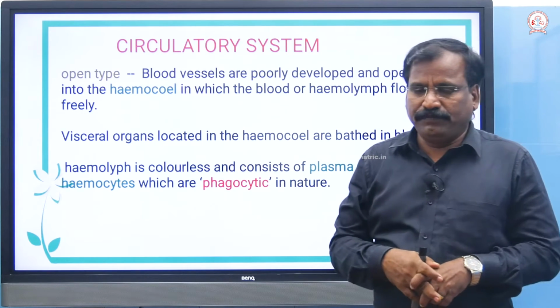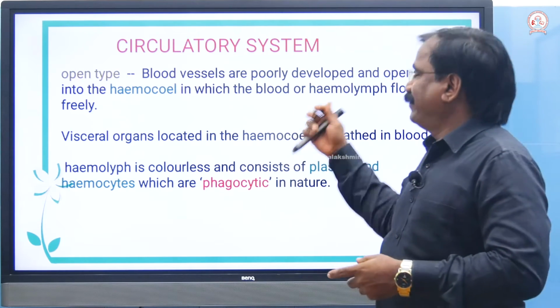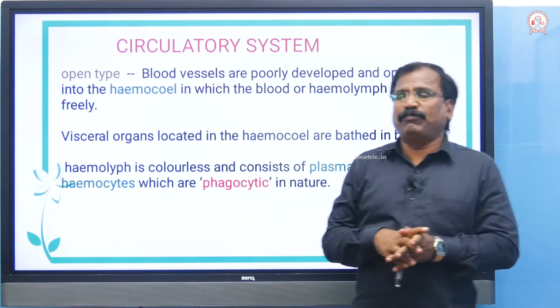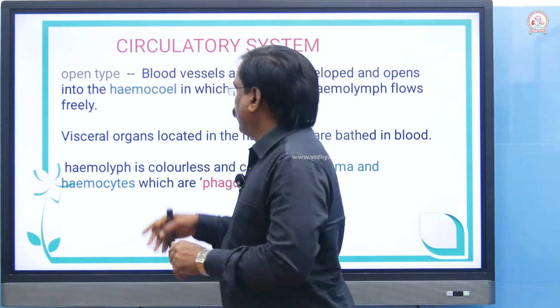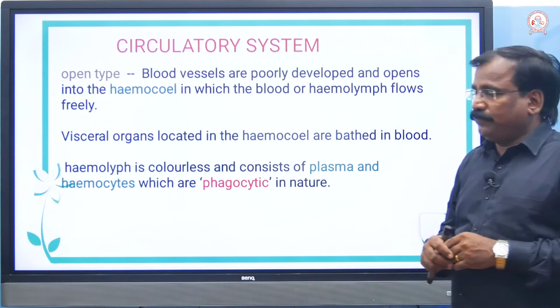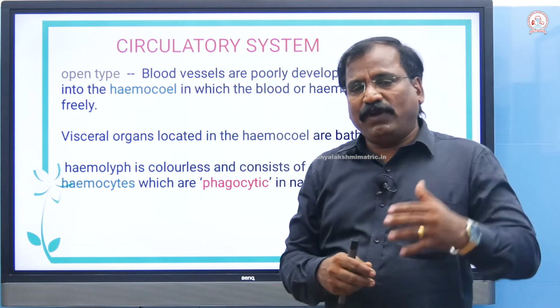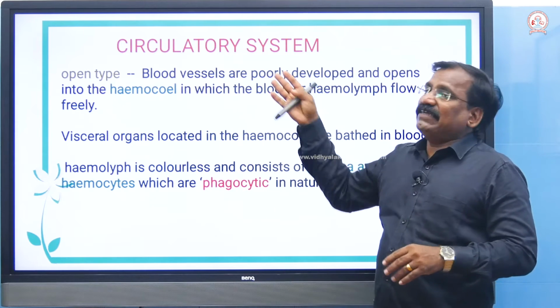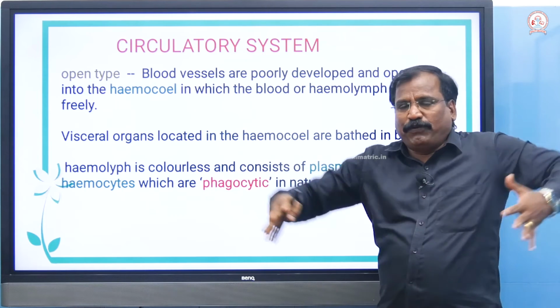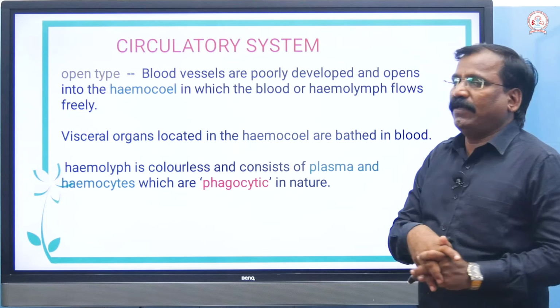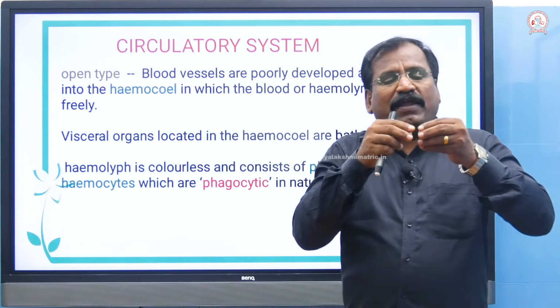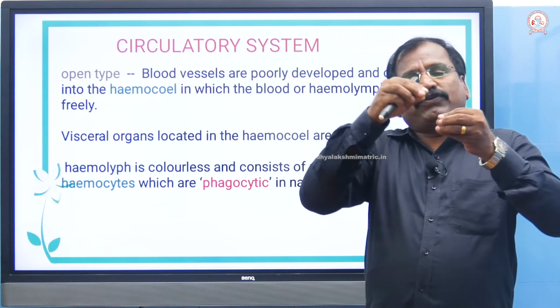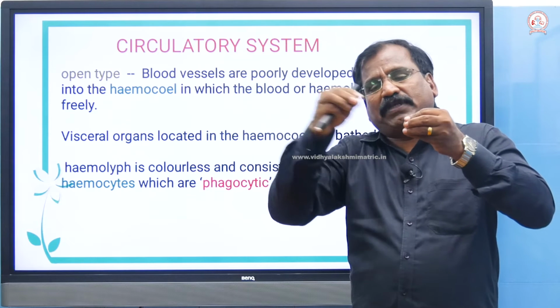Okay, that's all. The next system is the circulatory system. I know that the circulatory system is meant for transportation. That is, circulation of body fluid, blood from the heart to the body parts.